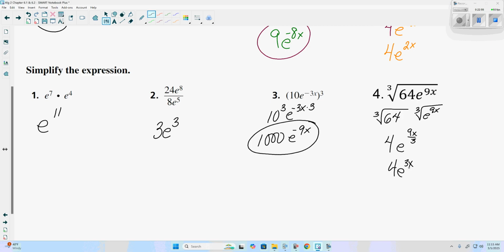And again, we'll deal more with radicals and rewriting as a fractional exponent in Chapter 5. So that's as much as we'll see it about here. We'll see it once more on the homework, but questions on this here?